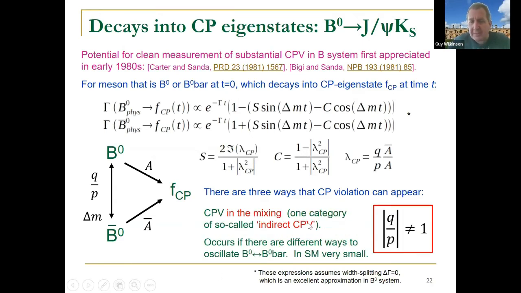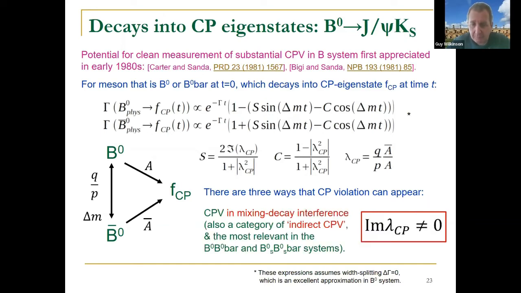CP violation in the mixing is one category of something that's sometimes called indirect CP violation. This would be the case if these q and p coefficients had magnitudes where the ratio was different from 1. Now in the B system, this is predicted and known to be very small. In the kaon system, it's observable.